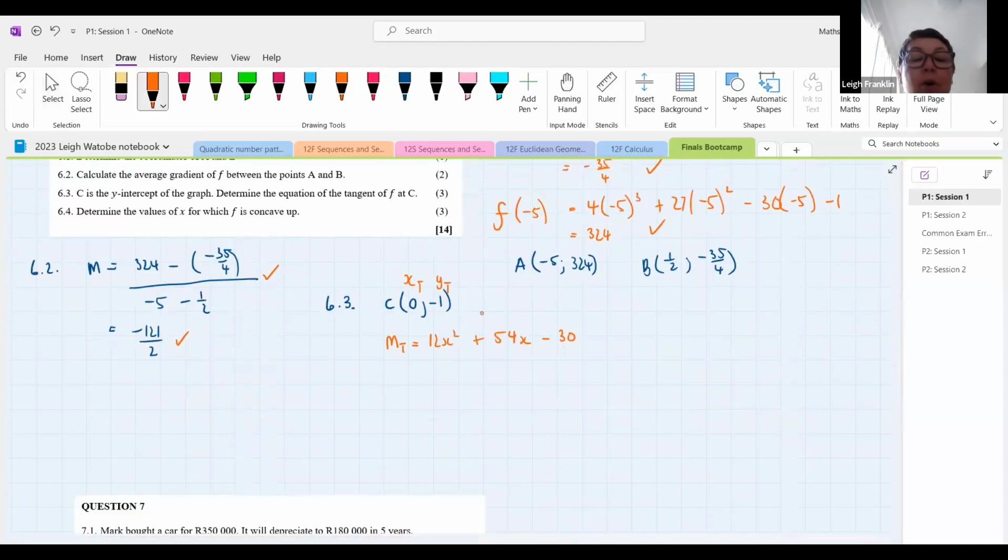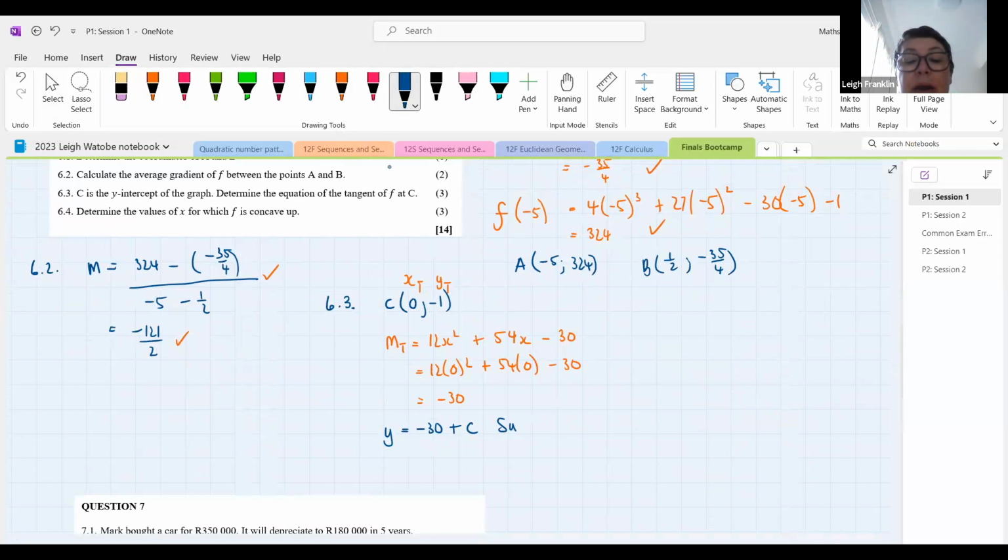And now I'm going to sub in my 0. Okay, so 12 times 0 squared plus 54 times 0 means that my gradient is going to be equal to negative 30. So now I'm going to sub it into the equation of a straight line. So this is y equals negative 30 plus c.